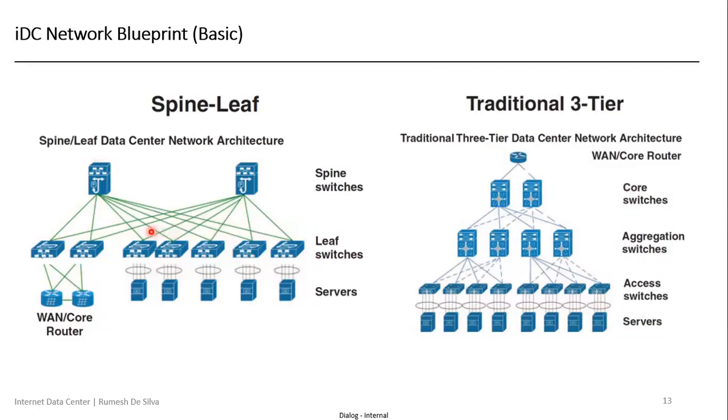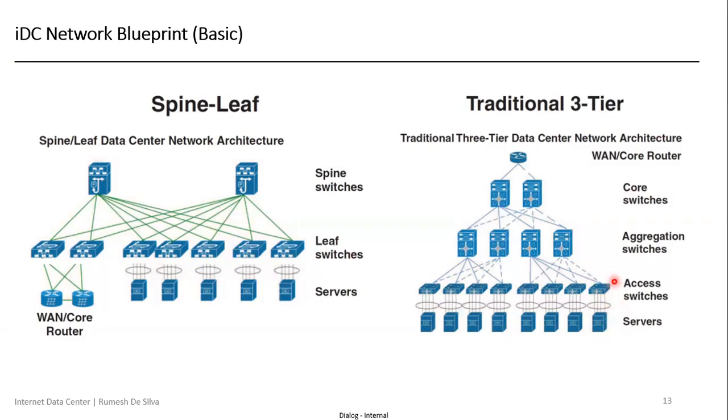That's why we need a spine leaf architecture. That's one reason. If this server wants to communicate with that server, the request simply goes from the leaf switch, the spine switch, and directly to the server through this leaf switch. Fewer collisions.